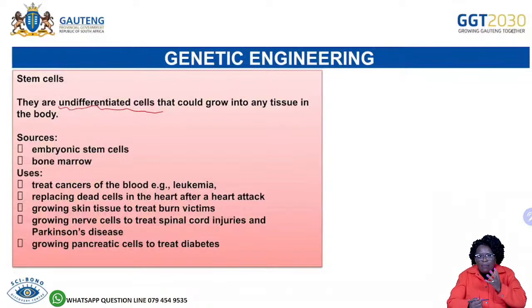So if we speak about stem cells, which are undifferentiated cells, it means that they can be influenced towards a specific direction. And once they are influenced into that direction, they will be able to be manipulated to become tissues, which can later become even glands.